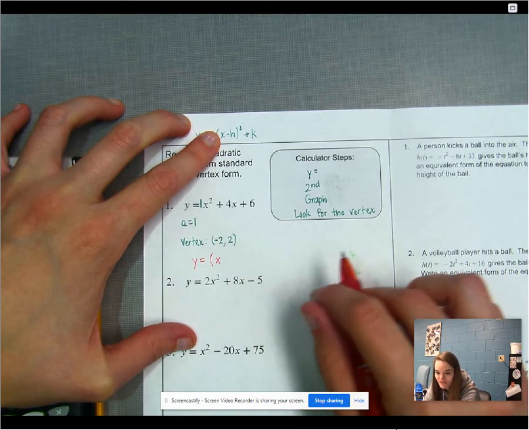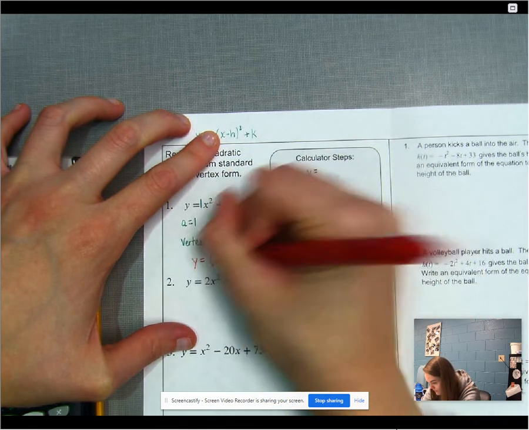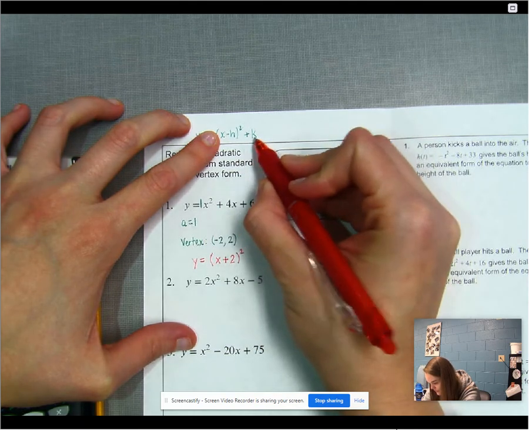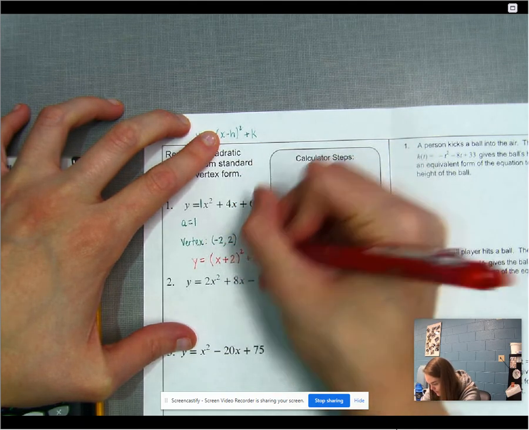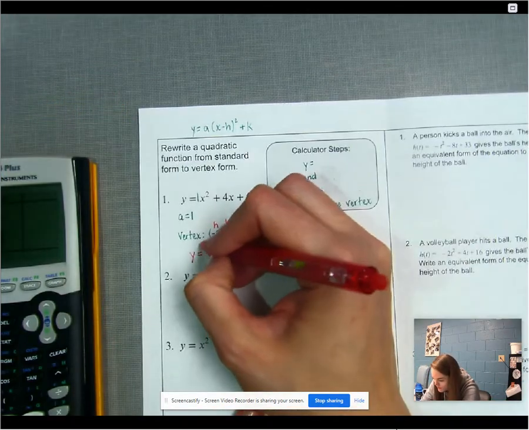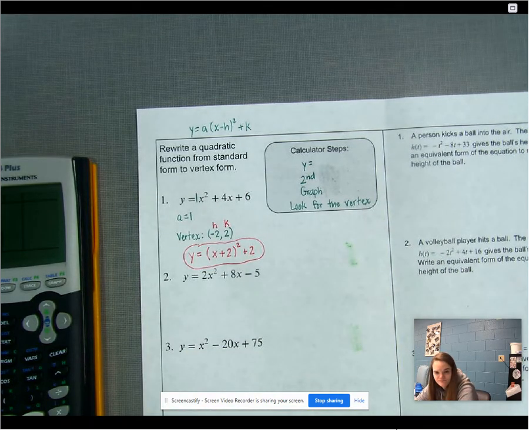Well, x minus negative 2, we don't put double negatives. Minus a negative is positive 2 squared. And then it says plus k, so plus 2. Remember, this is h, this is k. This is my answer. That is what I'm doing today.